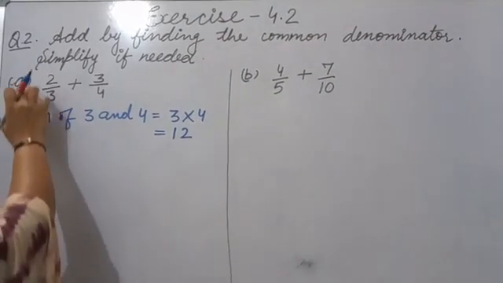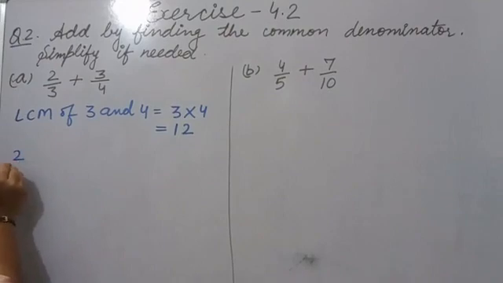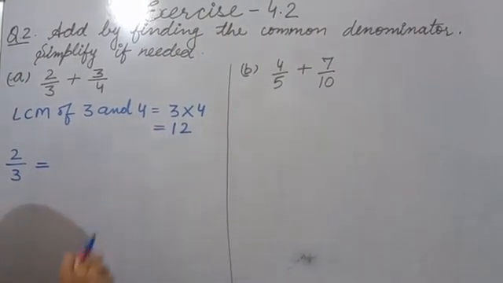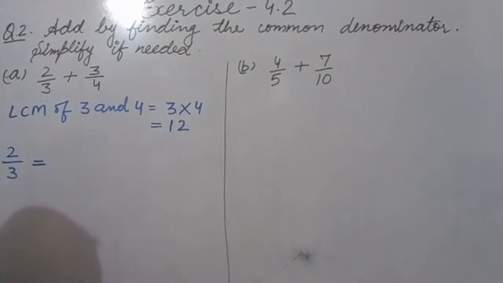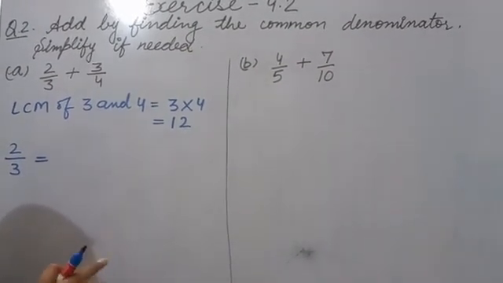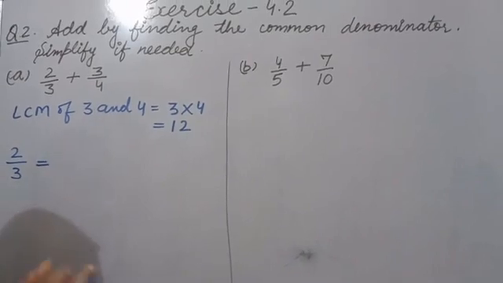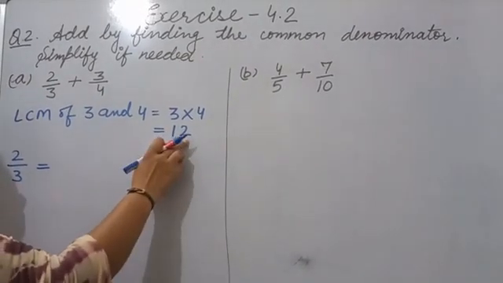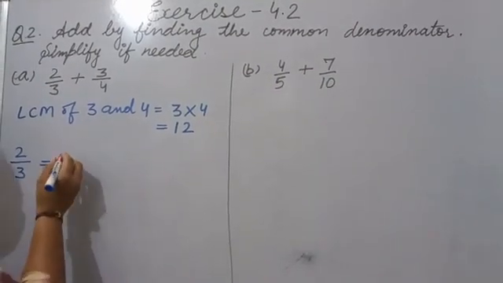Okay, now we make them equivalent fractions. So firstly this one, 2 upon 3. We make their denominator what? 12. Okay, we are converting into equivalent fractions, or we can say like fractions, because denominators are same. Now 3 will become 12. How? Multiply by 4.